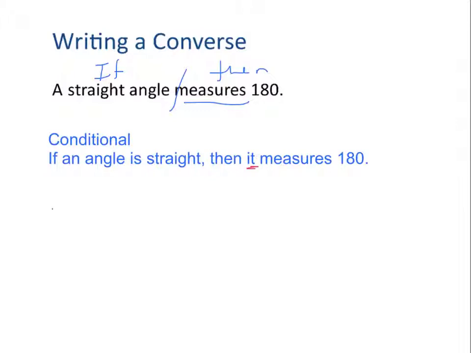Okay, here's the converse of that. If an angle measures 180 degrees, then it is a straight angle.